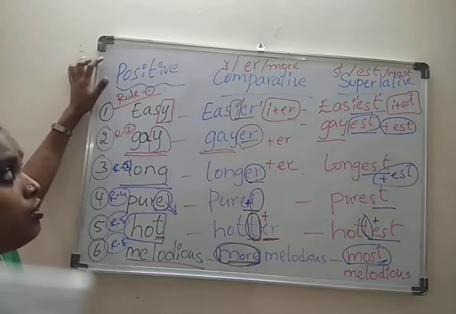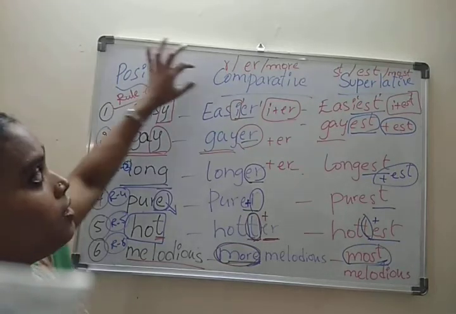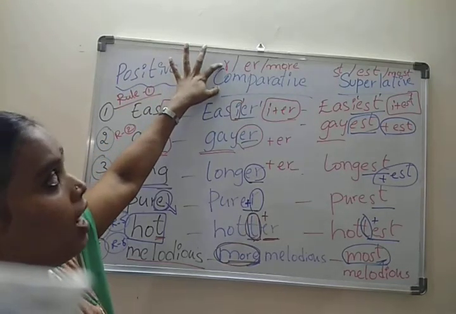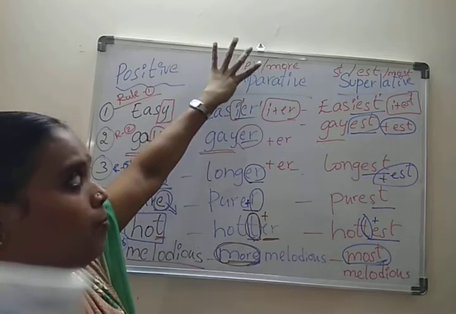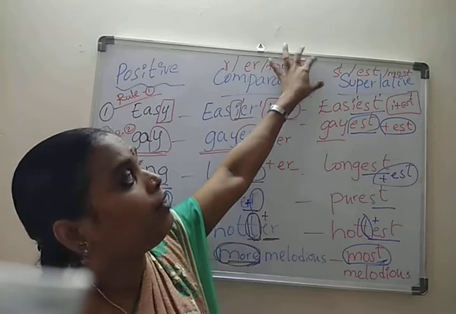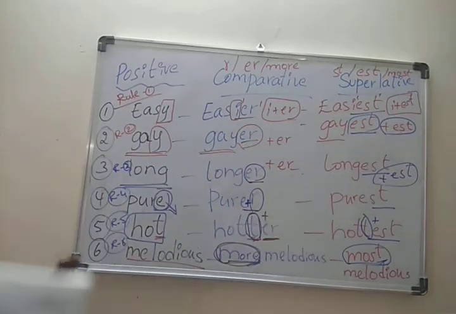So what are the rules? Repeat once. Whenever the positive word changes into the comparative, we add -r, -er, or more. Whenever that word changes into the superlative, we add -st, -est, or most.